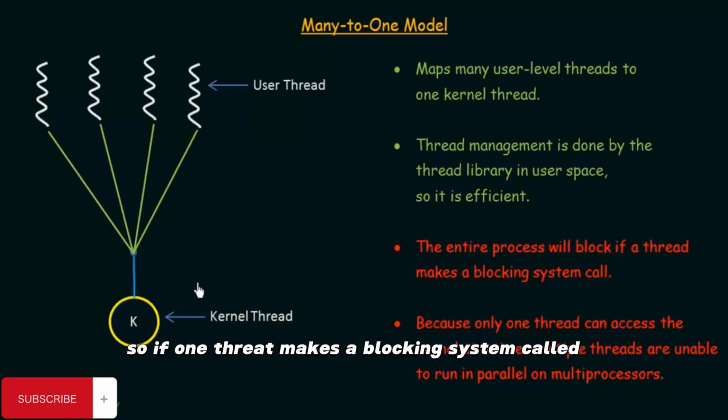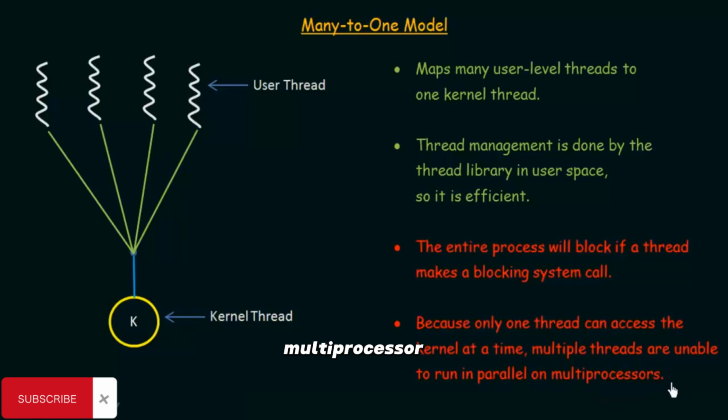So if one thread makes a blocking system call, the entire process will be blocked. The second limitation is that because only one thread can access the kernel at a time, multiple threads are unable to run in parallel on a multiprocessor. Since multiple threads at the user level are mapped to just one kernel thread, even if we have a multiprocessor system, we are not going to be able to make use of it.